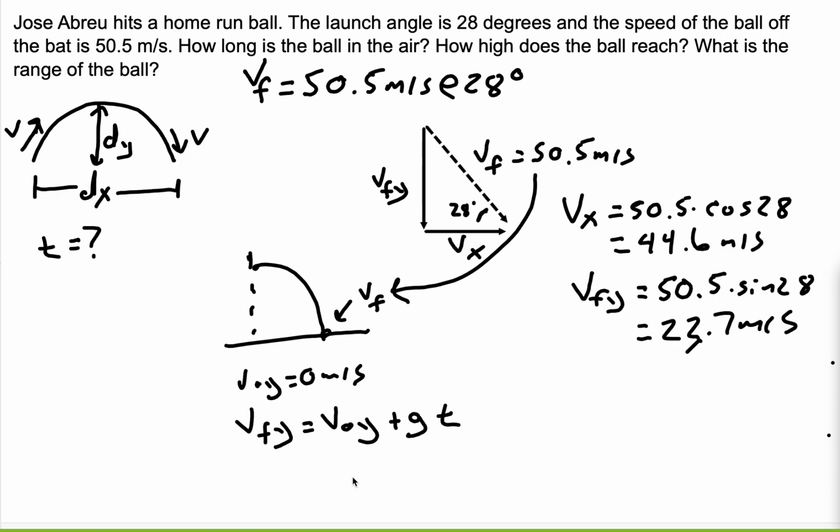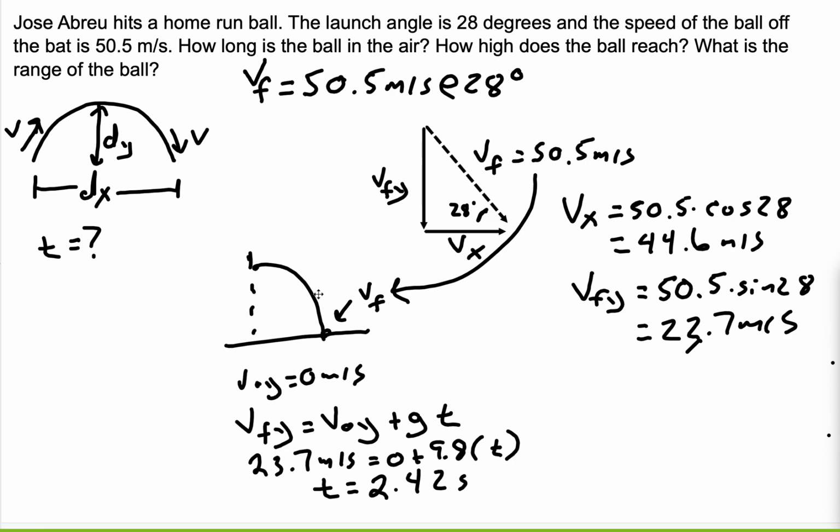So I know 23.7 meters per second equals 0 plus 9.8 times t. To get t, you divide both sides by 9.8 because that 0 just goes away. And I will get 2.42 seconds.